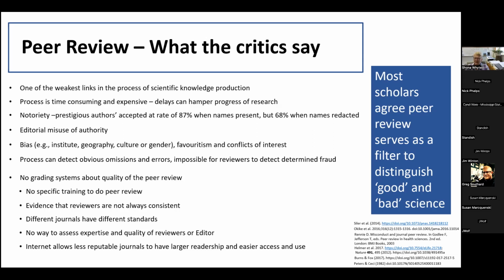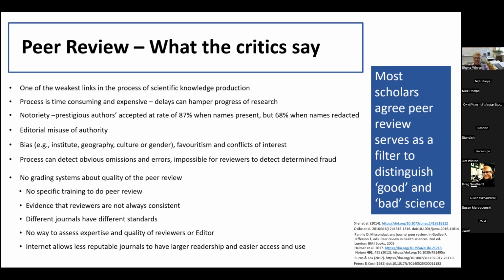We've already shown the bias between gender and geography, and there's also conflicts of interest. And the process can detect obvious omissions and errors, but is it capable of actually detecting determined fraud? And I'll show you in a couple of slides that it can't always.